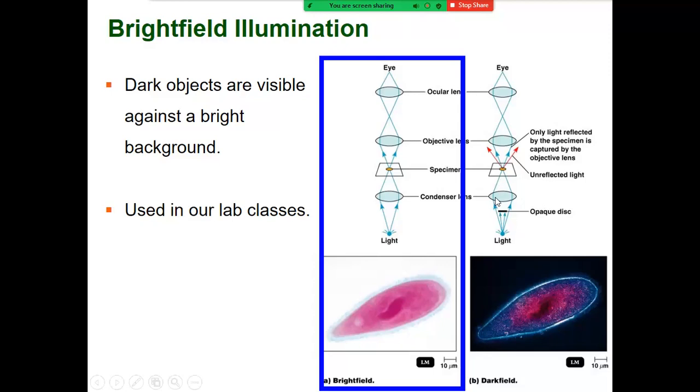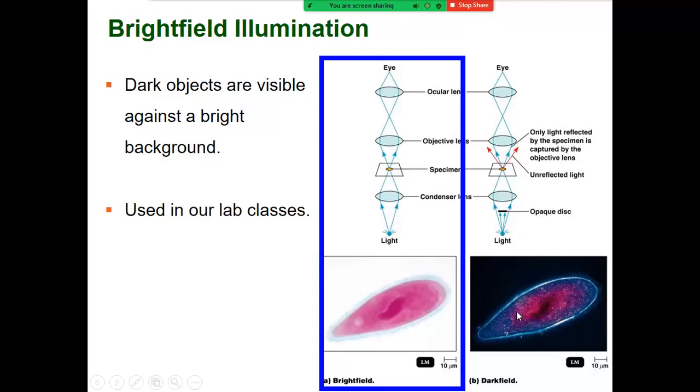However, when the light is indirect and then hits the specimen, some of the light is refracted by the specimen, and it's refracted into position to be collected by the objective lens. And that's why the specimen does look light, just not as light as this.